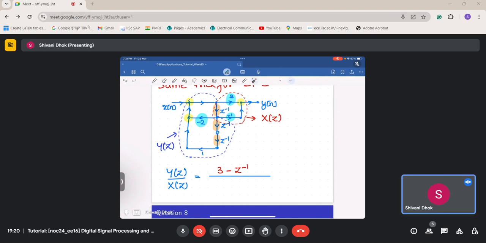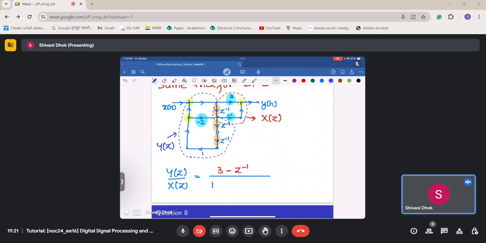Now in similar fashion, this part corresponds to y of n, and we'll do the same trick. Here, if you look carefully, there is no gain, which means that we'll have a 1 here. Then this y of n gets delayed by 1 unit and gets multiplied by -2, but it's in the opposite direction, like in a feedback loop.